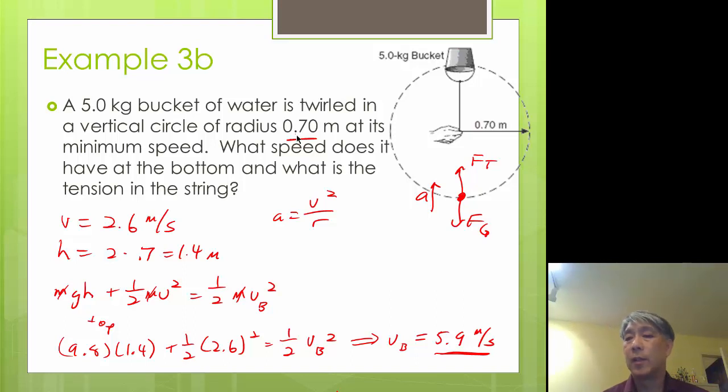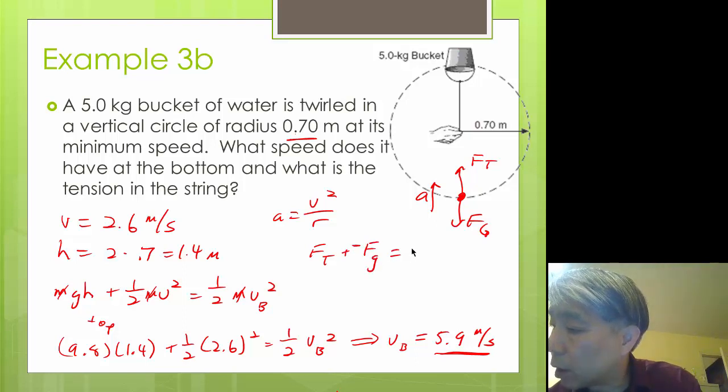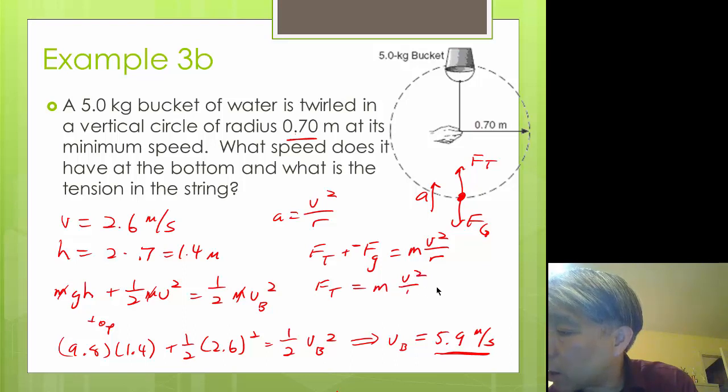Then going through the motions again, F_t plus negative F_g is going to equal mv squared over r, and then F_t is going to equal mv squared over r plus mg.